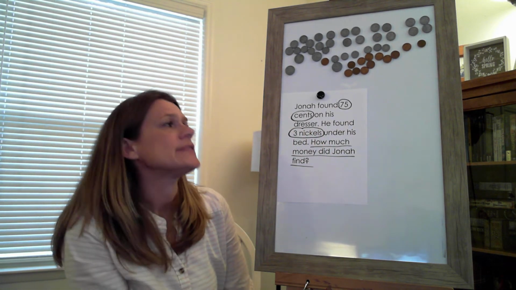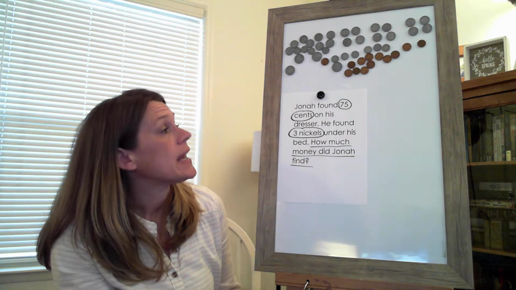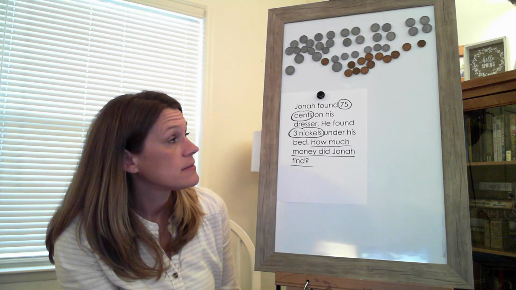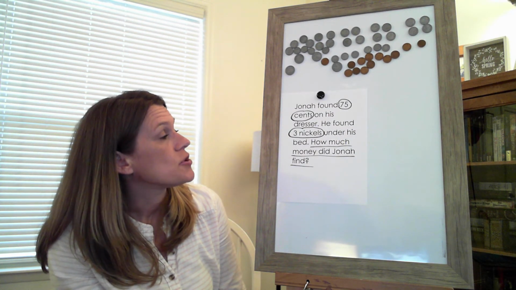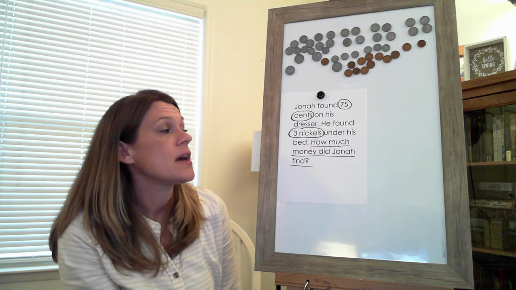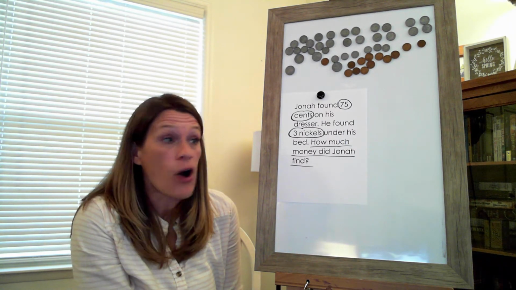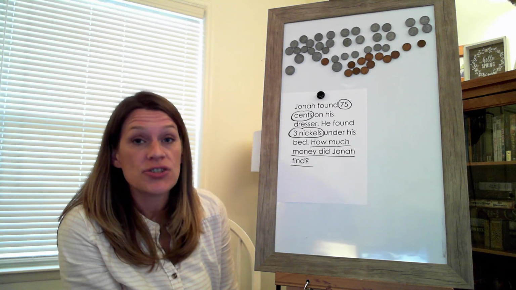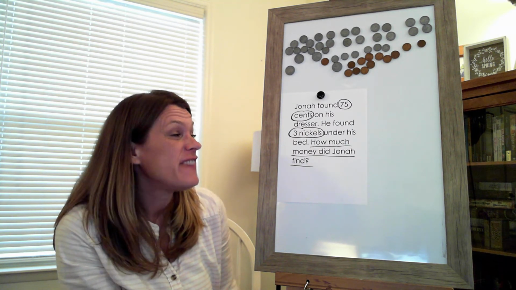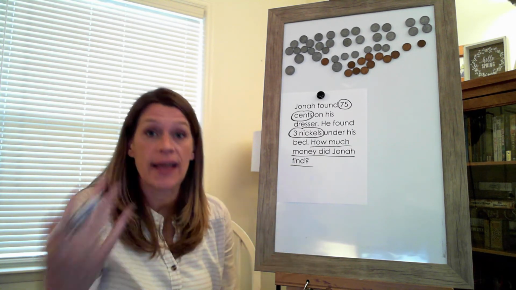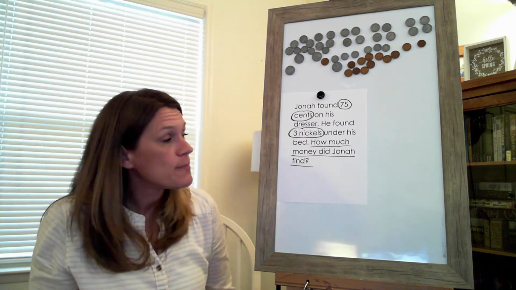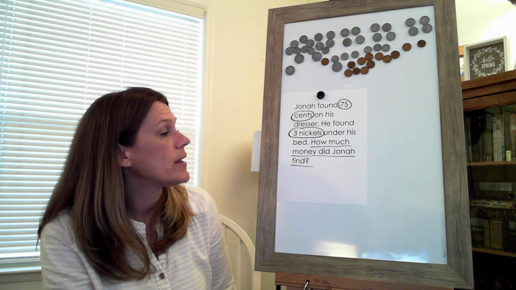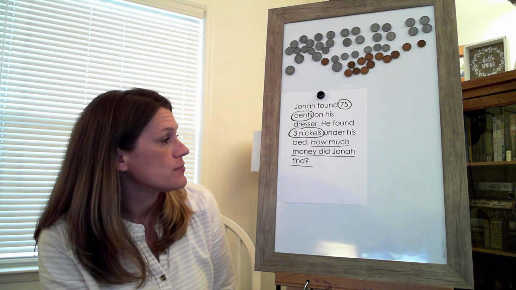Perfect. All right, so they gave us 2 bits of information, that he found 75 cents on his dresser, and then Jonah also found 3 nickels under his bed. And the question is, well, how much money did Jonah find? And we pretty much can fit that into one sentence all together. We want to know how much money Jonah now has after he went searching all over his room.